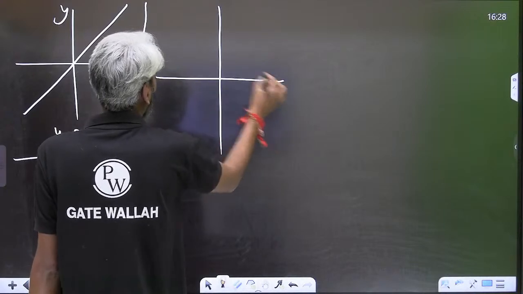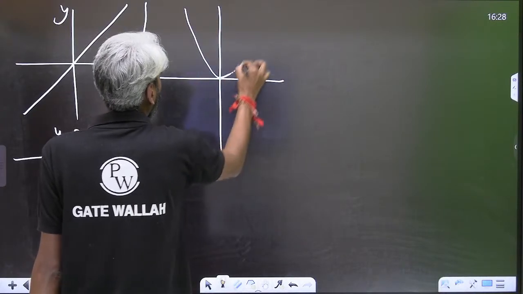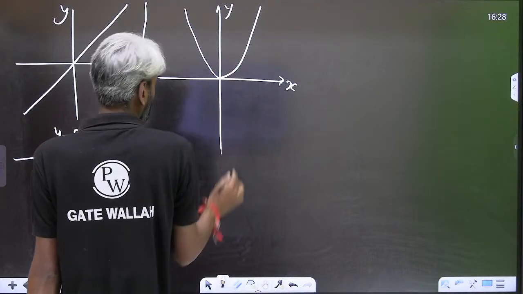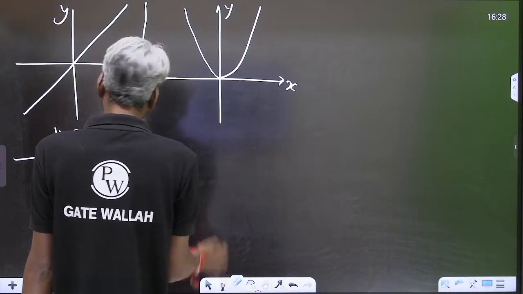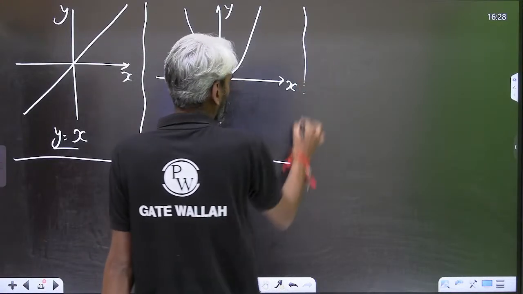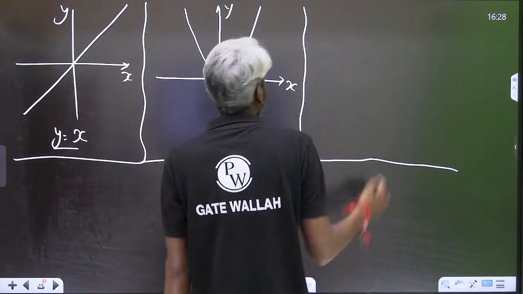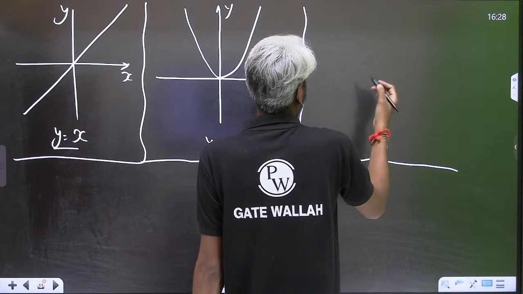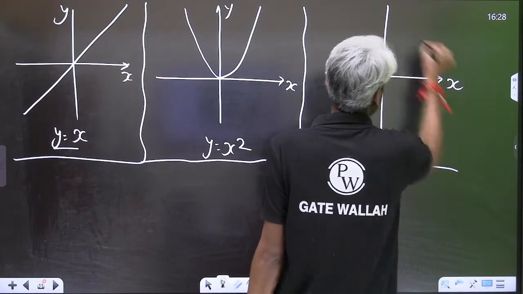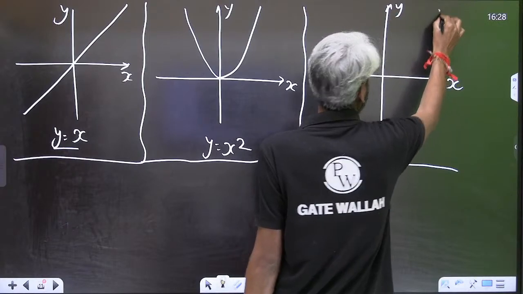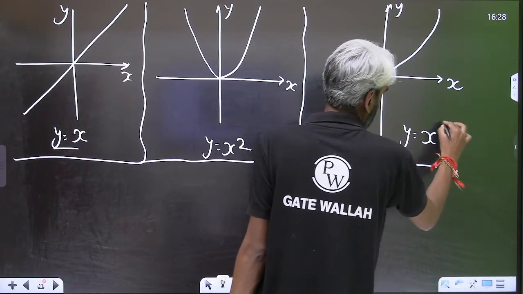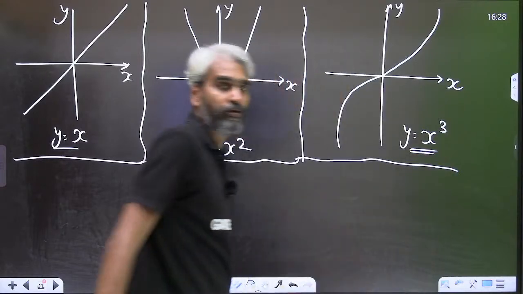I simply draw your x-axis, y-axis. This is the graph for y equals x square. You should have this general understanding of the graphs for different functions. This is the graph for the function y equals x cube.